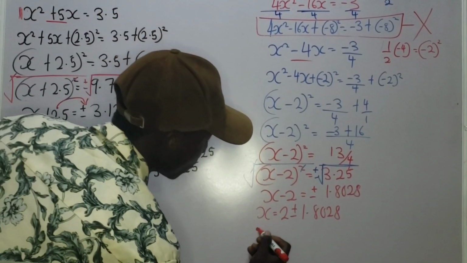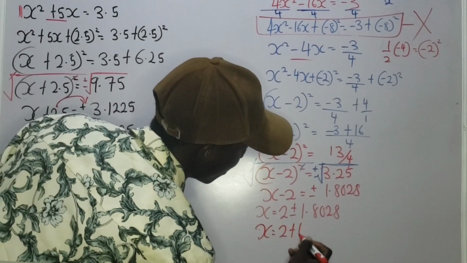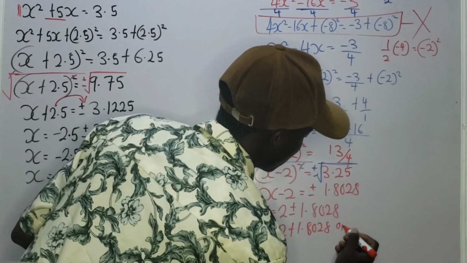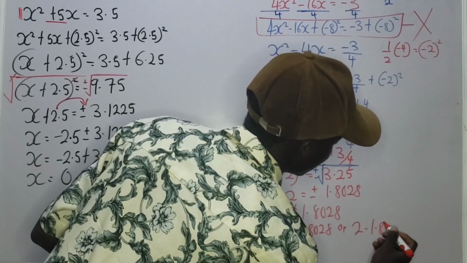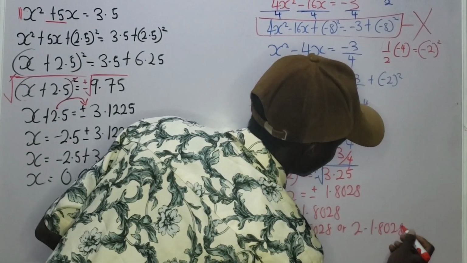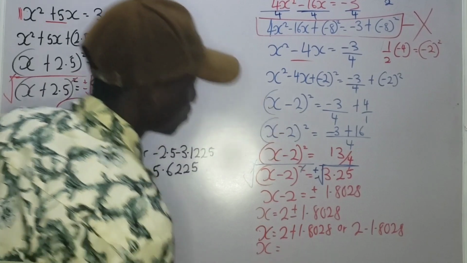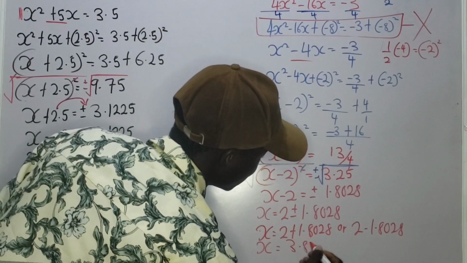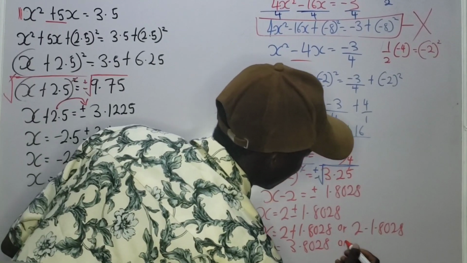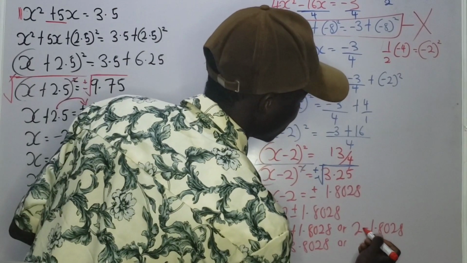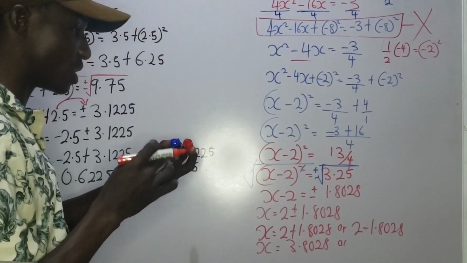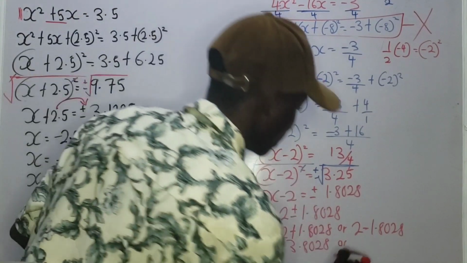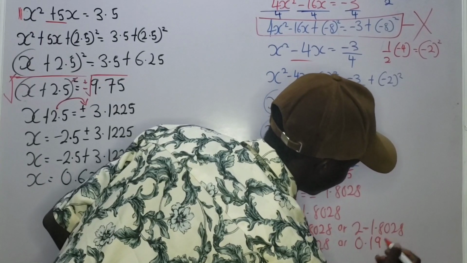So x will be equals to 2 plus 1.8028, that is 3.8028, or 2 minus 1.8028, that is 0.1972.